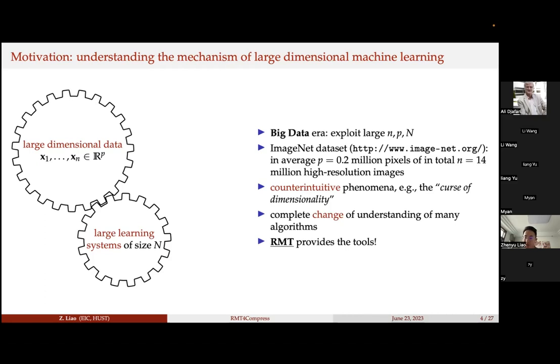Random matrix theory and high dimensional probability provide us the tools to do this, and I will try to convince you with a few examples.